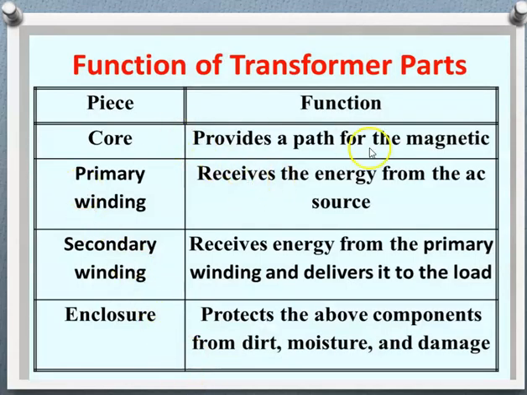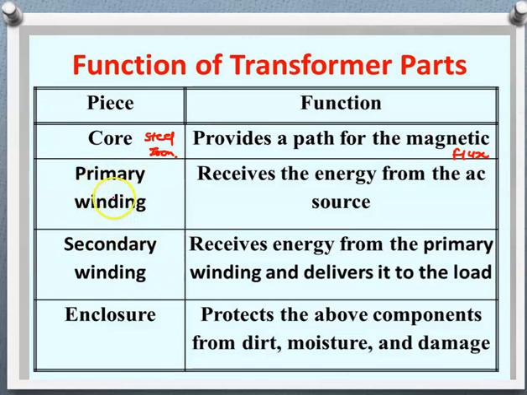What are the functions of different transformer parts? We have the core, which provides a path for the magnetic flux, which is made up of steel or iron.